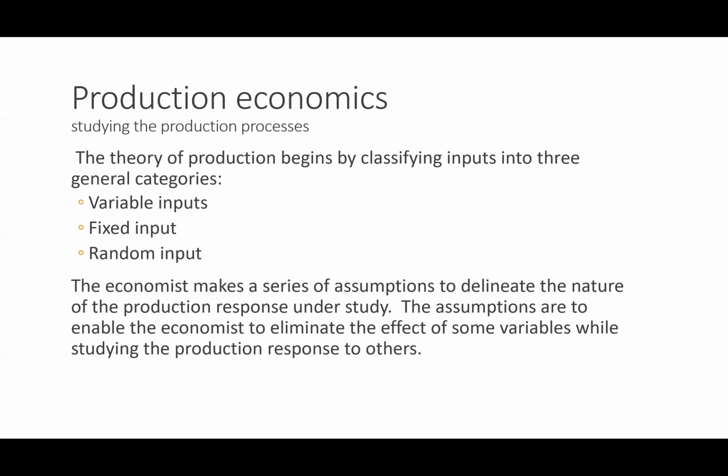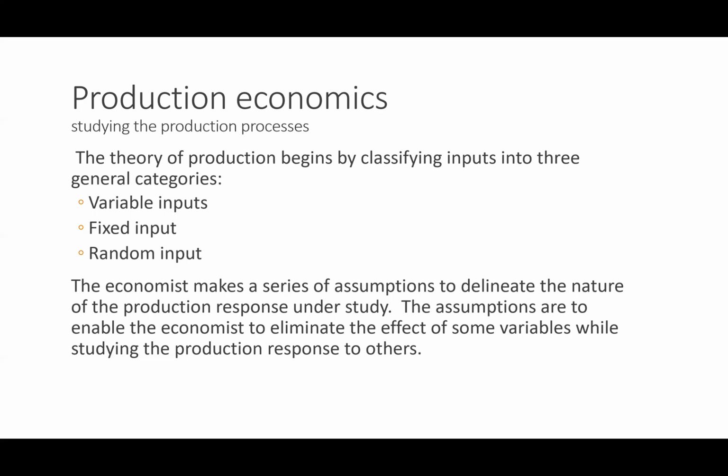Price of output is a random input because you have to consider the price of the output to know the quantity of output that you should be producing to maximize profit. And the price of output is totally random most of the time and for most commodities.